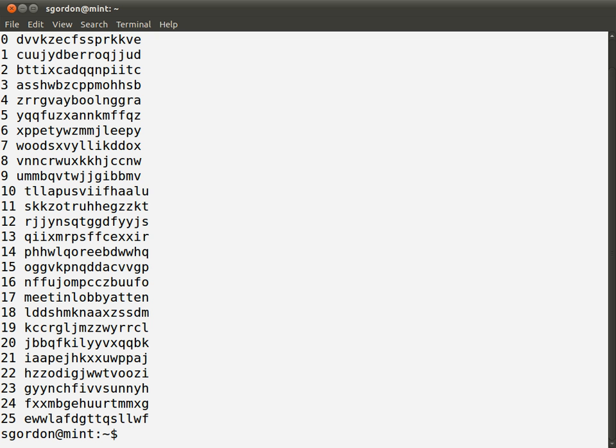And this is the only one, meet in lobby at 10, that makes up English words. All the rest look like random characters and don't make words. So for a brute force attack to succeed, try all keys, and be able to distinguish which of all possible plaintexts is the valid or correct one. We can do that there. Now we have the key.